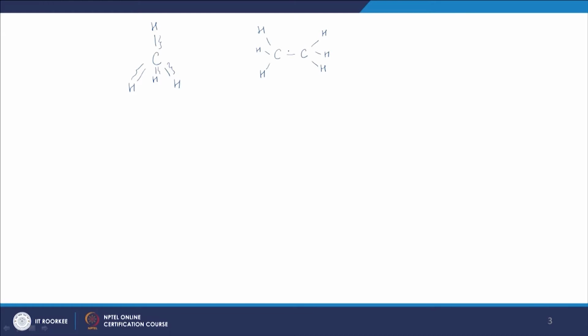So think of the next molecule, ethane. Ethane now has a CH3 along with a CH3. Again it is a 3-dimensional structure, but now there are 2 carbons and each carbon has 3 hydrogens. Okay.